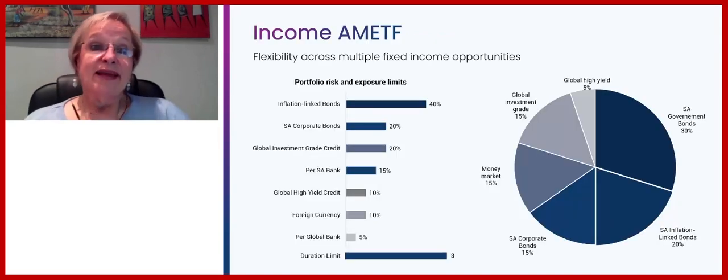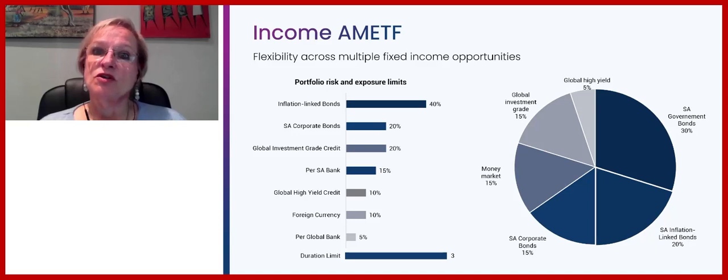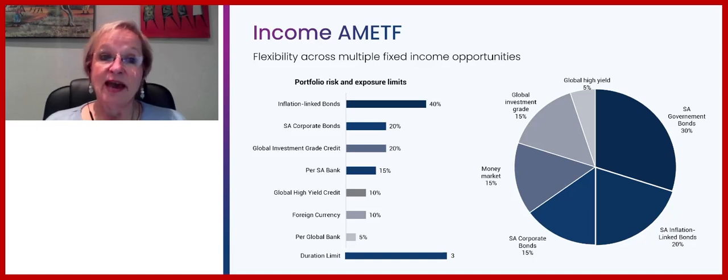So when we look at the income ETF as it is now, 10x in this particular situation also moves beyond predominantly South African bonds. Henk had alluded to it, and even Philip also indicated that obviously there's also an opportunity set in global markets. And what they do on the 10x side is that they do actually incorporate some of the global interest-bearing investments in this income ETF as well.